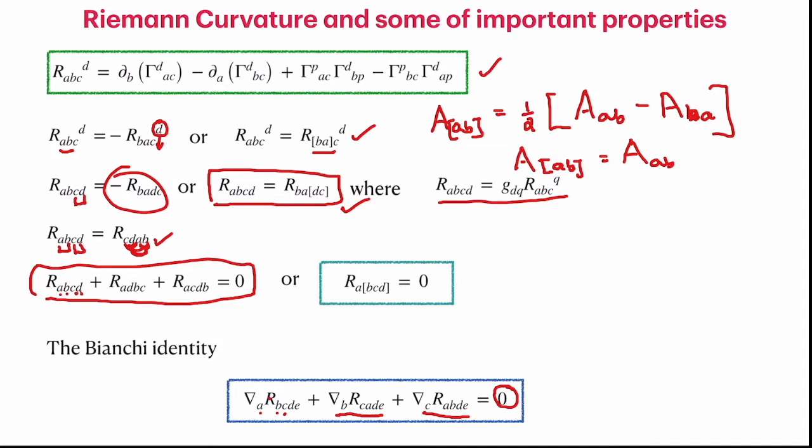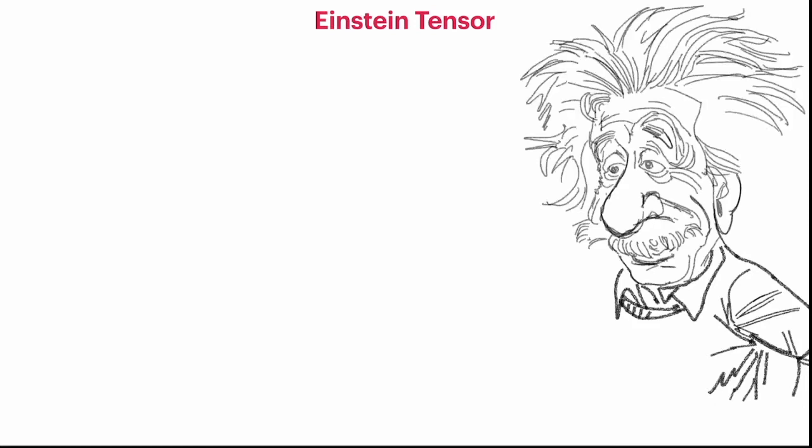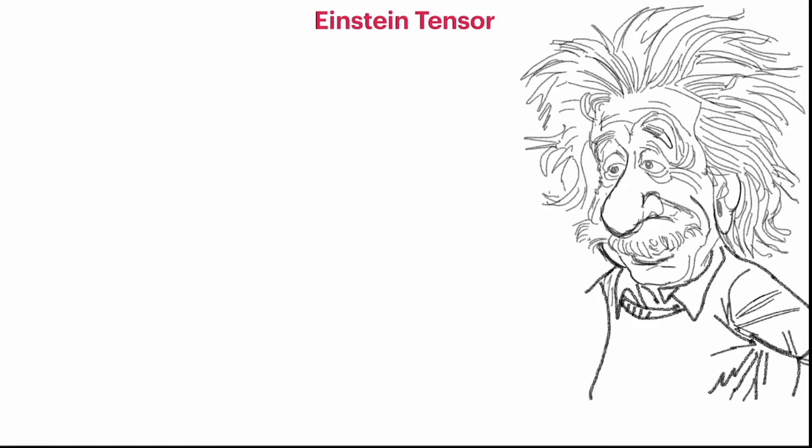So this identity is what we are going to use further to define what is called the Einstein tensor. Of course, from the name itself, it was Einstein who first found the significance of this tensor, and also probably defined it.